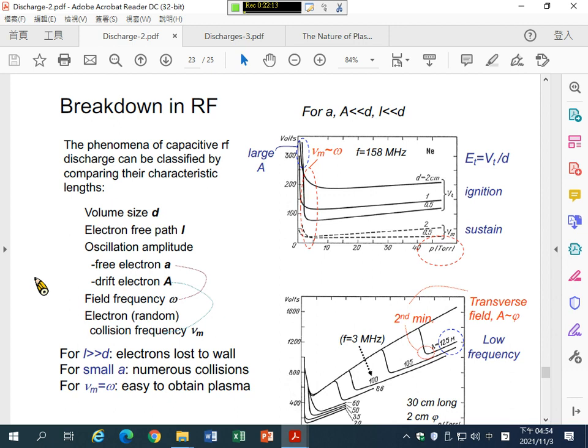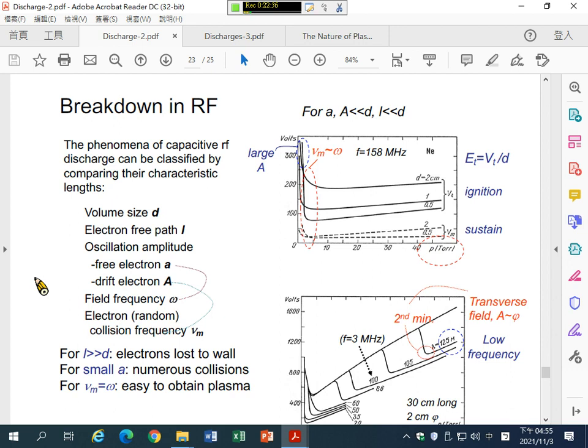So in this case, the electron will not easily collide with your chamber wall or the electrode surface, because the oscillation amplitude is much smaller than the distance between cathode and anode.